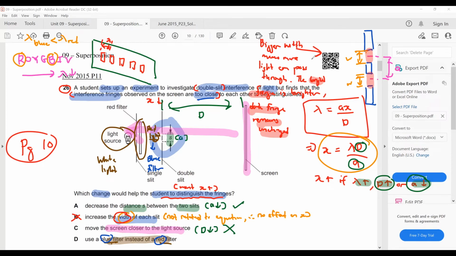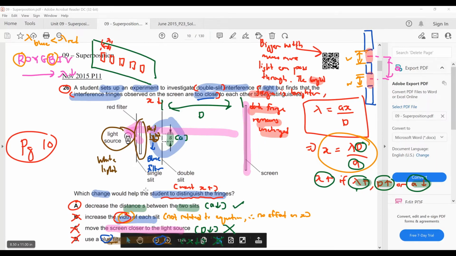So wavelength has decreased. If you want x to increase, you want lambda to increase, but here lambda is decreasing, so this one is also wrong. So our only correct answer is supposed to be A. C and D are definitely out of the picture. So this is for this question.